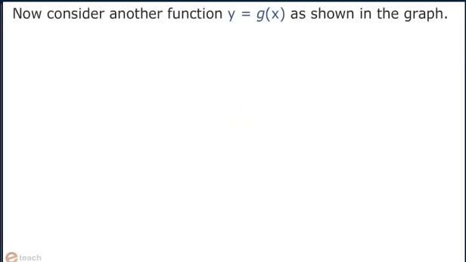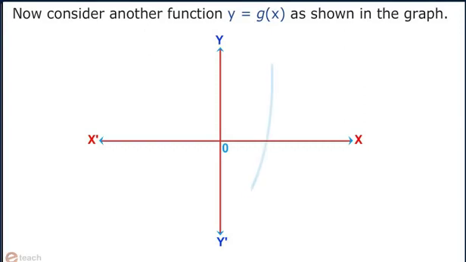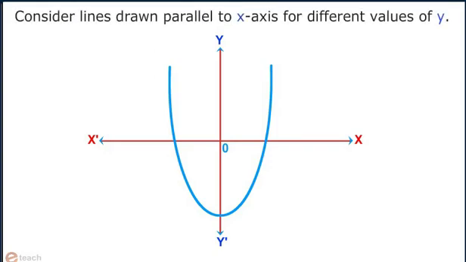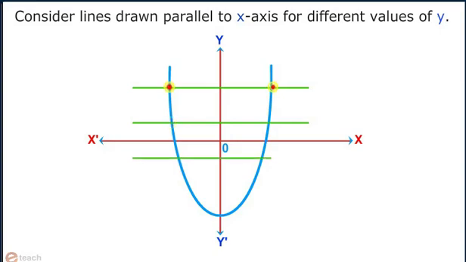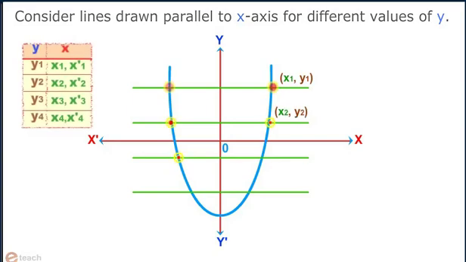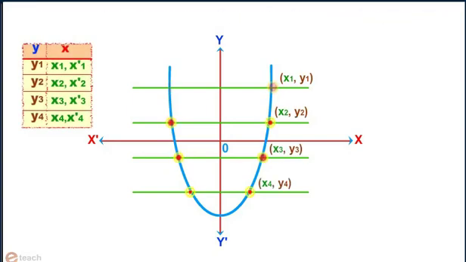Now, consider another function y = g(x) as shown in the graph. Consider lines drawn parallel to x-axis for different values of y, such that the lines intersect the graph at (x1, y1), (x2, y2), (x3, y3), (x4, y4), (x'4, y4), (x'3, y3), (x'2, y2) and (x'1, y1).